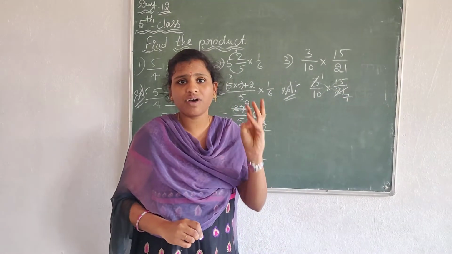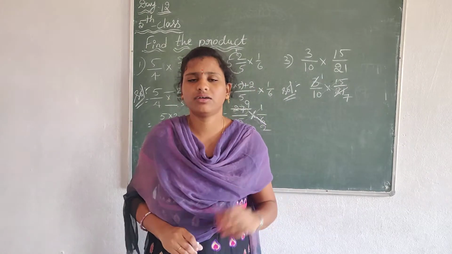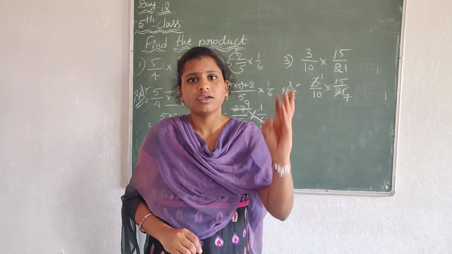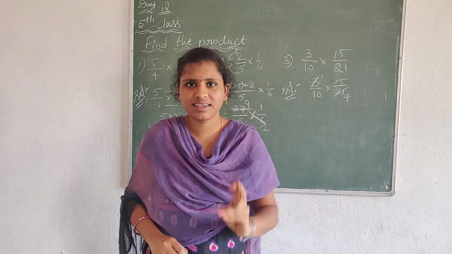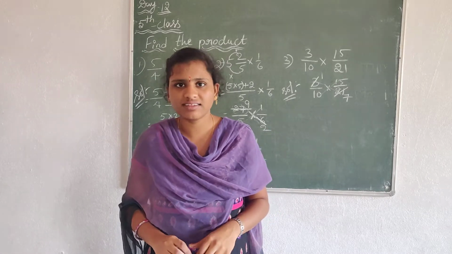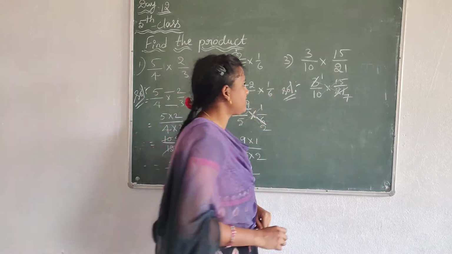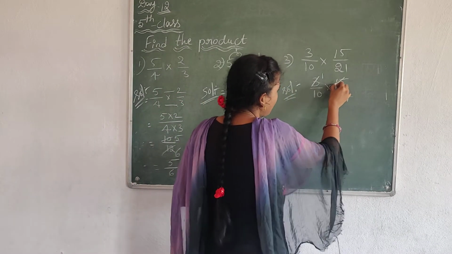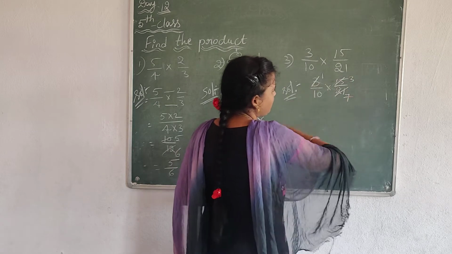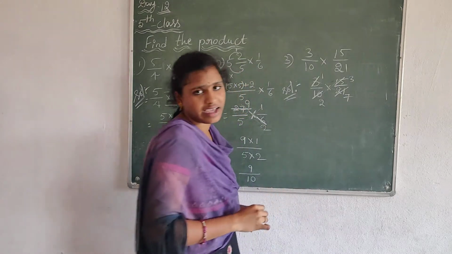If you have 5 and 0 in the ones place, the two numbers will definitely cancel in the 5 table. Let's take the 5 table and cancel it. How many times here? 3 5s is 15 and here 2 5s is 10.